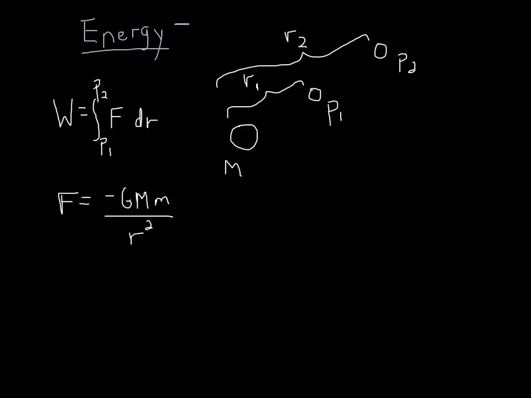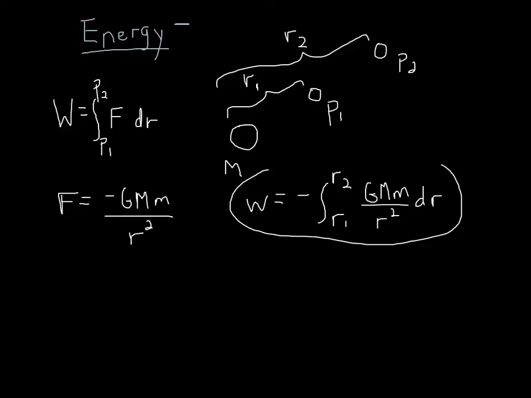So this is my force. So I can calculate the work that's required to raise this orbit up. Work is equal to negative integral from R1 to R2 of G m, the two masses, over r squared, dr. So this is the definition of work from a force. So I'm calculating the work required to raise this orbit up as a result of the gravitational force between two objects.